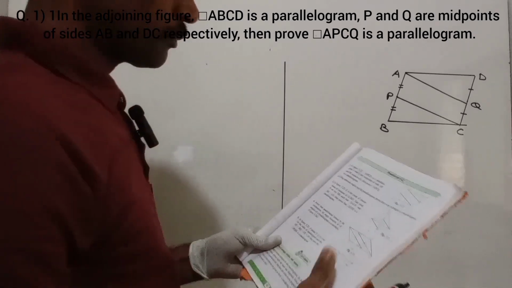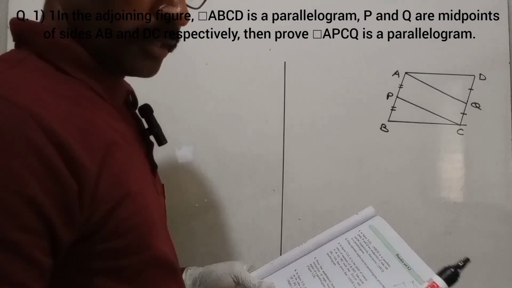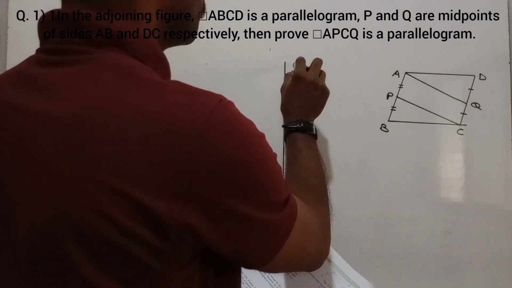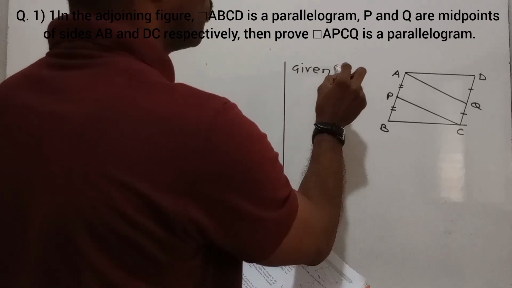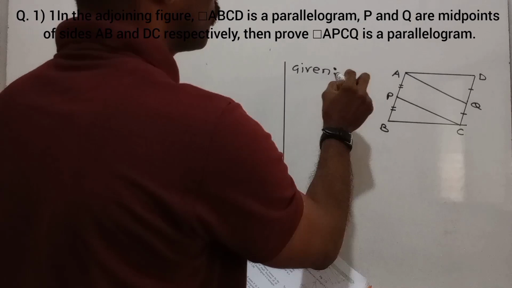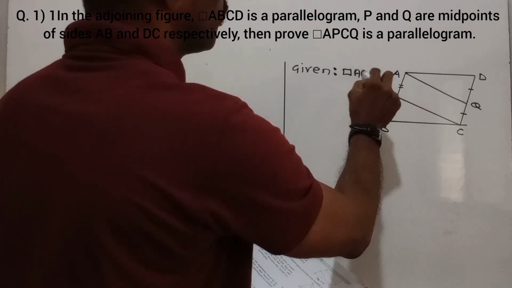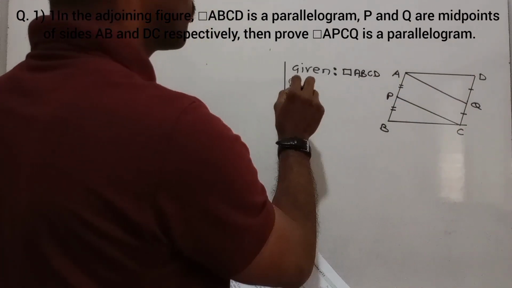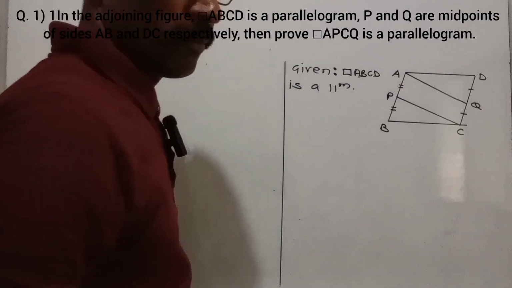Now see this. Here in this statement, there are two parts. Which are those two parts? First one, that is given. What is given? Quadrilateral ABCD is a parallelogram.